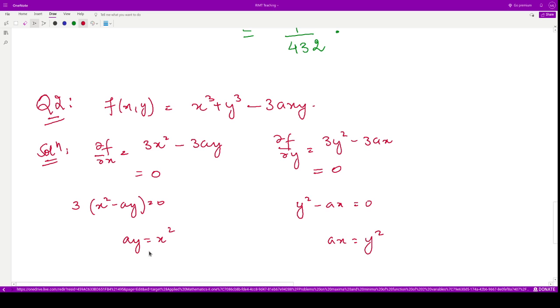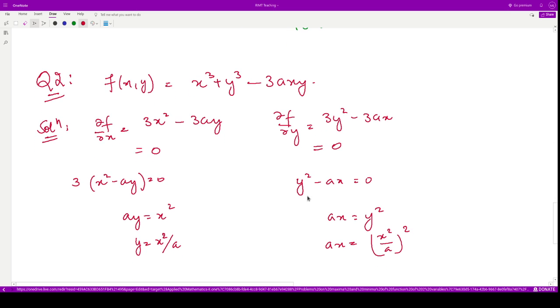So from this equation we have the value of y as x square by a, so you can substitute it here. So you have ax is equal to x square by a raised to power 2. You can simplify this. So it would be x to the power 4 by a square, that is ax.